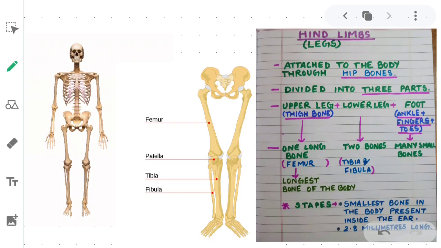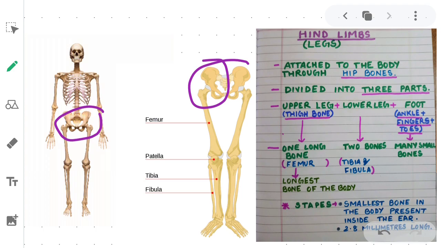So this is the diagram of the hind limbs. You can see in the diagrams the hind limbs are attached to our body through the hip joints. This is the hip joint, and with the hip joints the hind limbs are attached to our body.